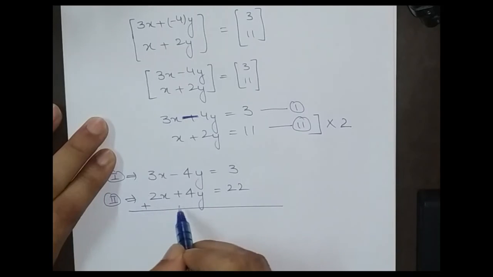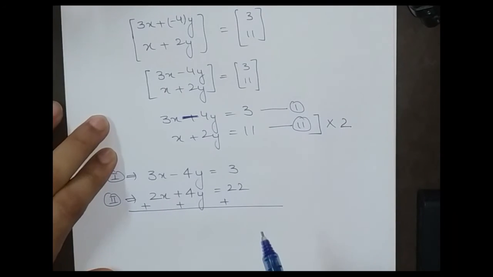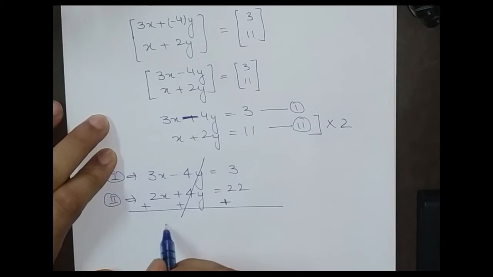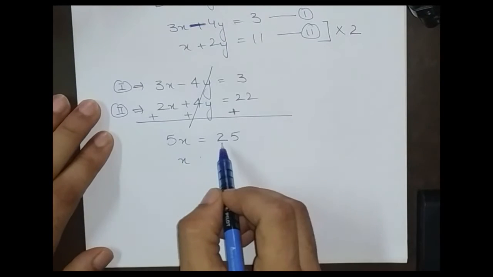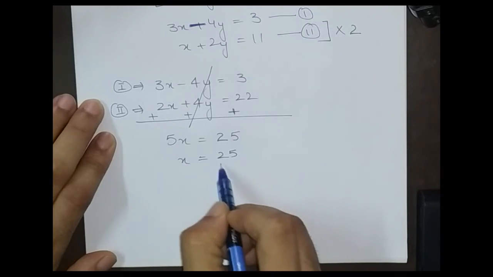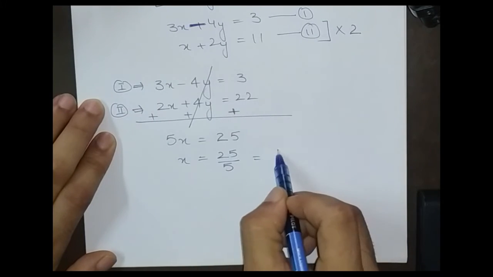We'll do the elimination method. 5x is equal to 25, and x is equal to 25 divided by 5, which is 5.